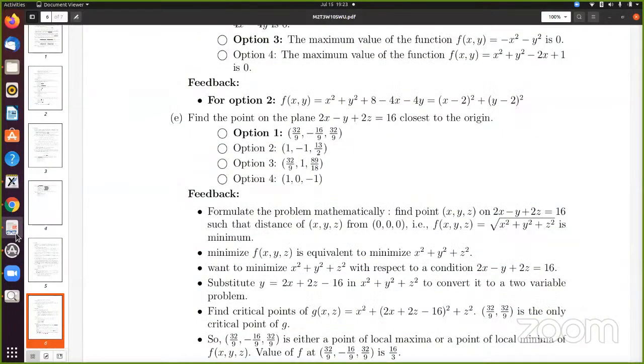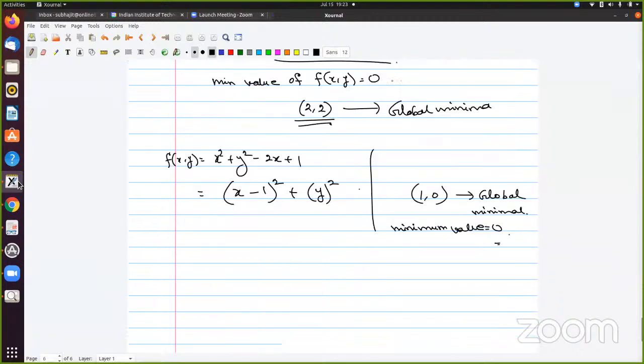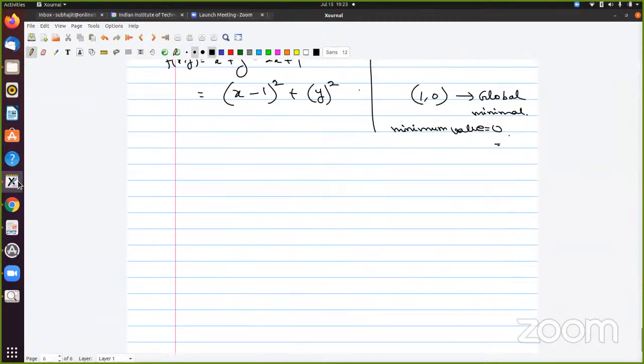On this plane, basically, no, not perpendicular distance. So let me write it. 2x minus y plus 2z equal to 60, right? This was the equation of the plane.